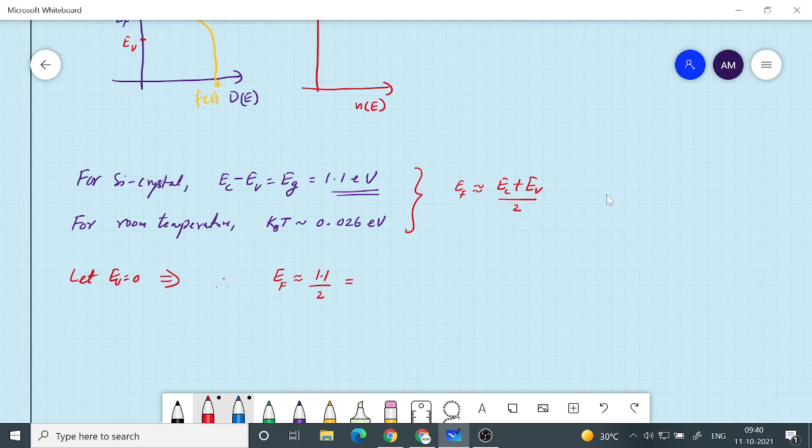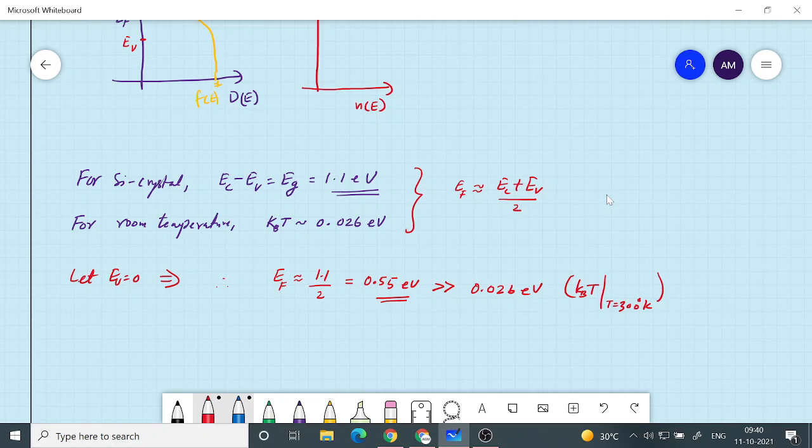So that is equal to, how much is it? 0.55 electron volt, and which is much greater than 0.026 electron volt, which is basically our KBT at room temperature, 300 degree Kelvin.